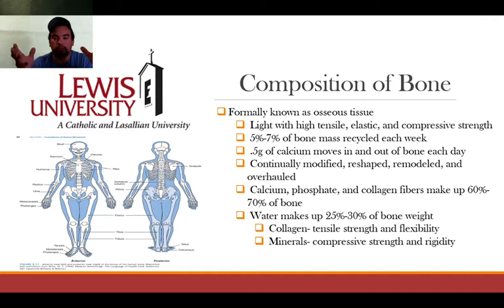It helps make us deficient and decreases the effectiveness of bone to respond to the forces that we are placing upon it. Collagen is focused on tensile strength and flexibility, and then the minerals give bone its compressive strength and rigidity. Okay, so there's a delicate balance between these two forces within a piece of bone.